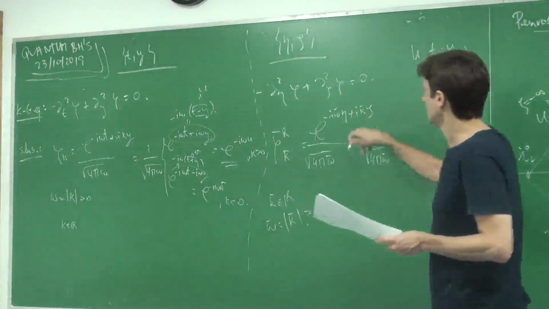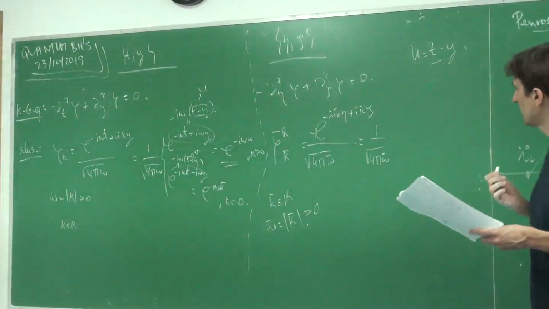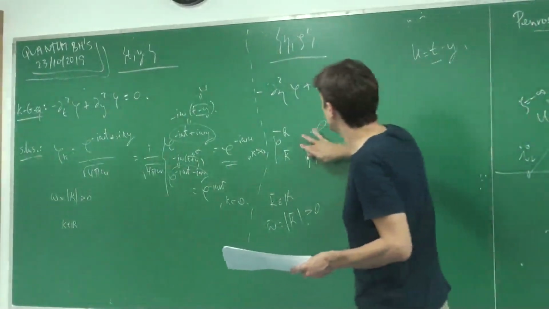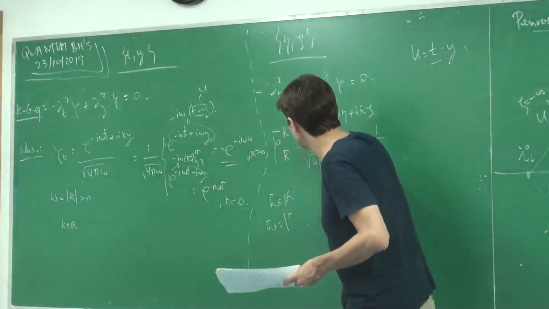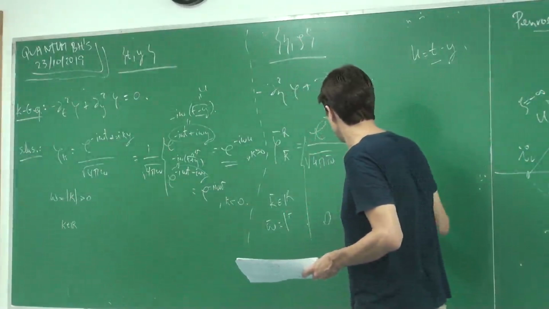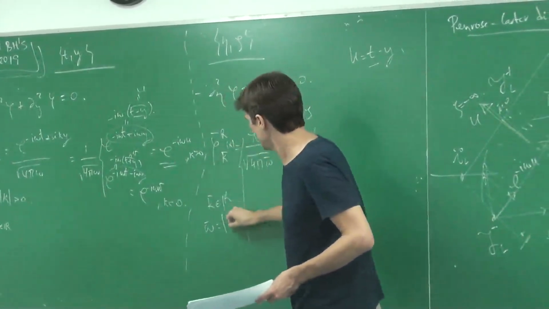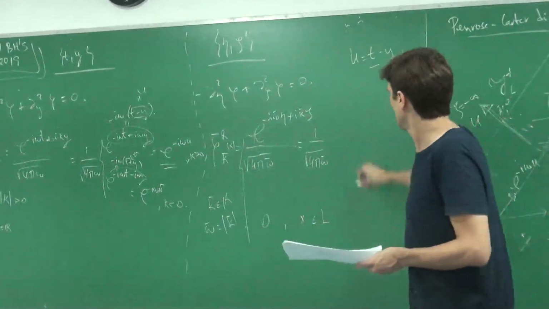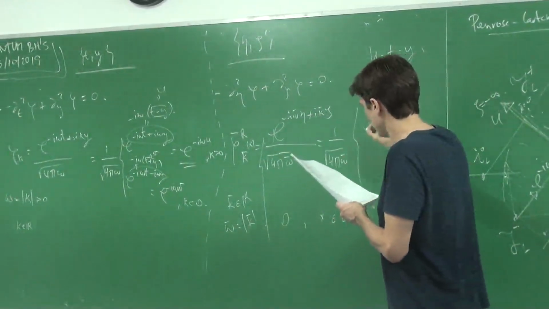So let's take a split between k bar positive and k bar negative. This is in the right Rindler wedge. I'm going to define this to be 0 as a function of x, for x in the left Rindler wedge. So for k bar positive, this is going to be exponential of alpha.